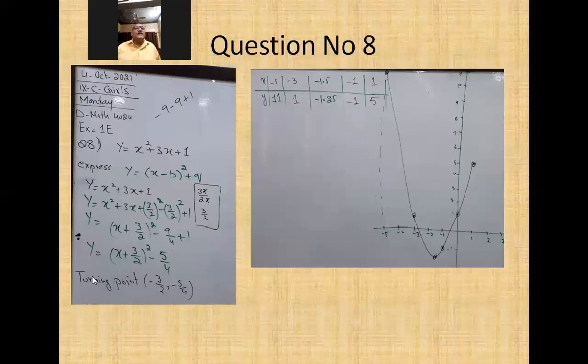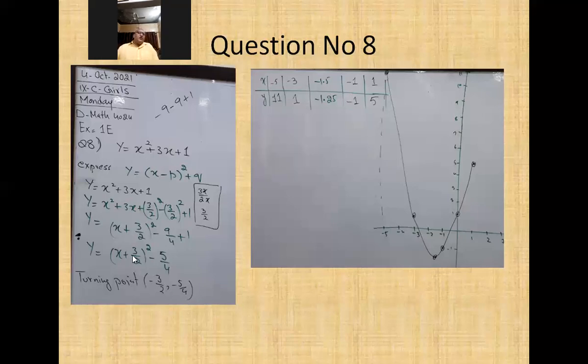So the coordinates of the turning point are given by this shape of the quadratic equation. This is a happy face, and a happy face always has a minimum point.